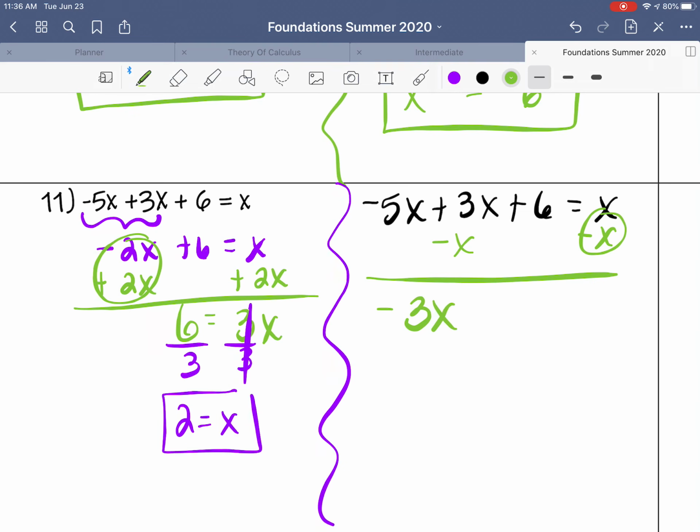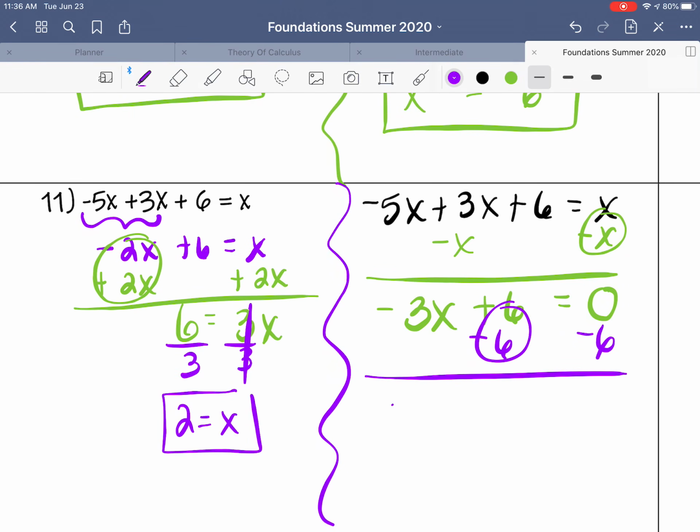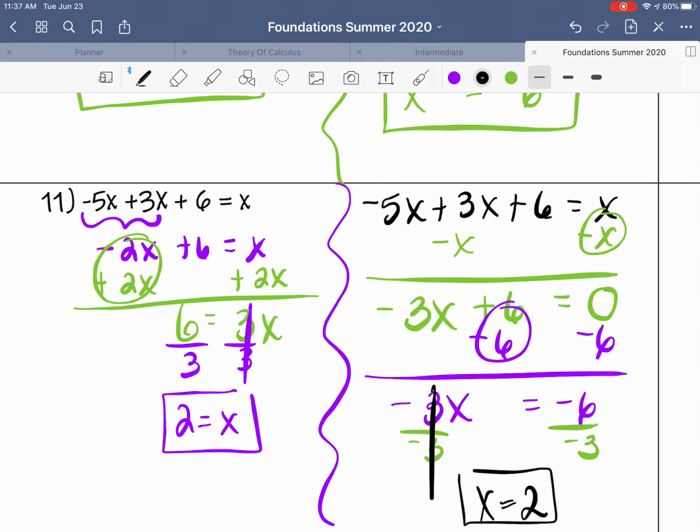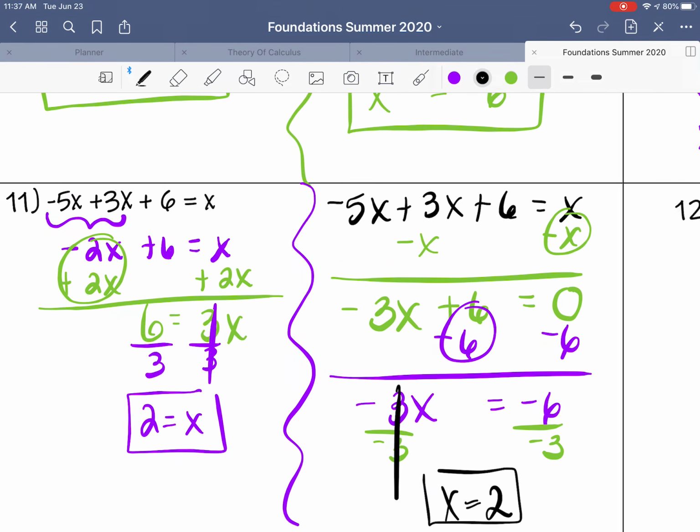And that would be -3x to simplify. And then we're left with nothing over here. Move the 6. And divide. Or multiply by -1/3. And we get 2. Still 2.